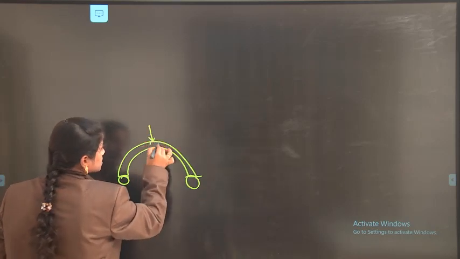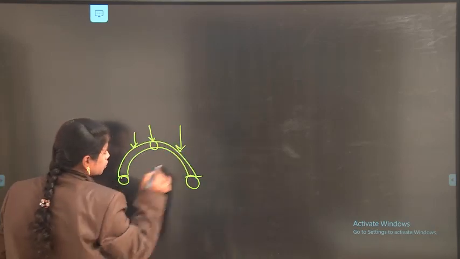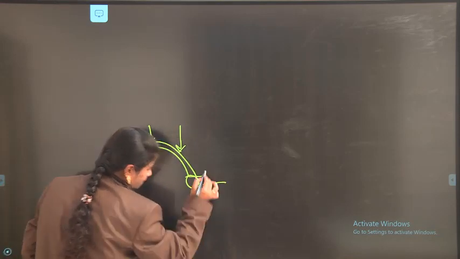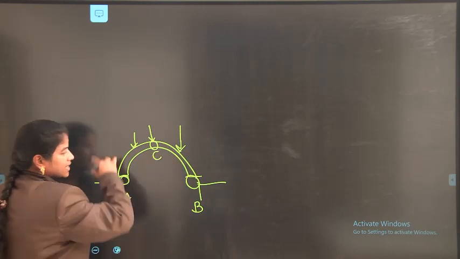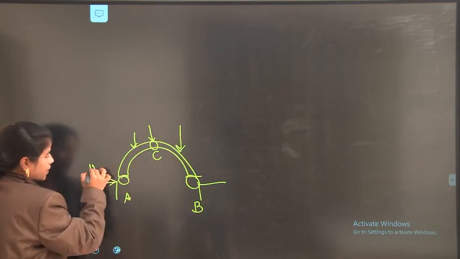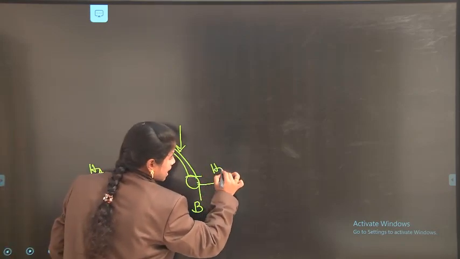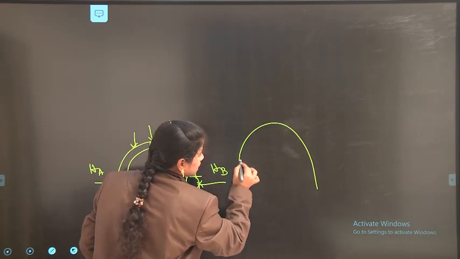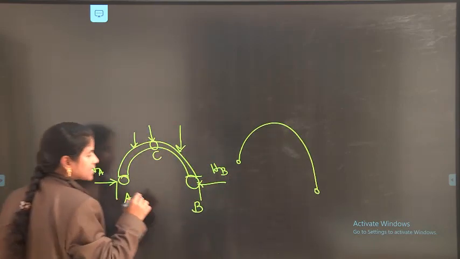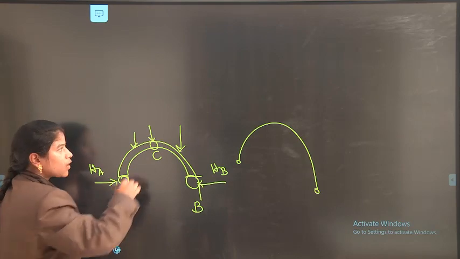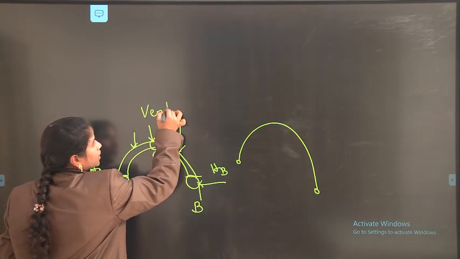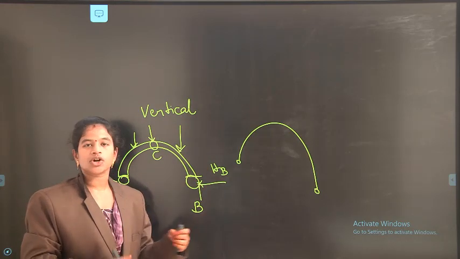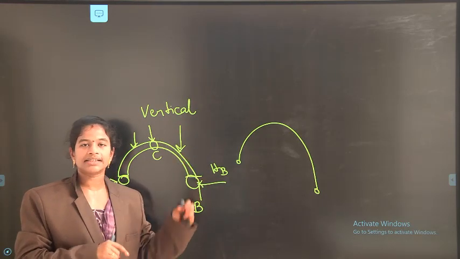When this three-hinged arch, A, B and C, has pure vertical loads, the horizontal component at A and the horizontal component at B will be the same. Without knowing the level of the supports also, I can say HA and HB are equal because the loading is purely vertical. So in the next class, we will go into the calculation of VA, VB and horizontal thrust. Thank you.